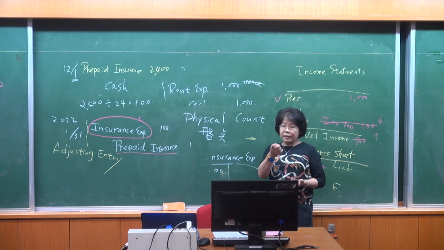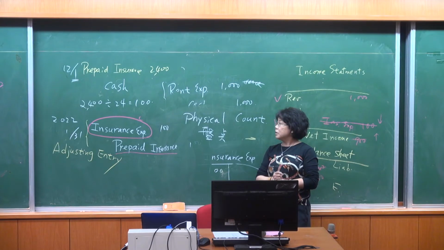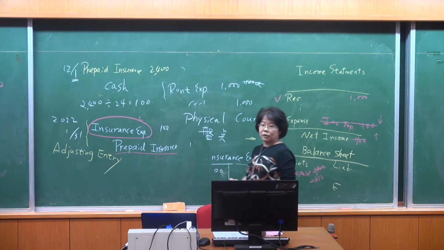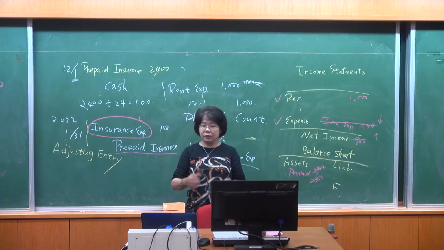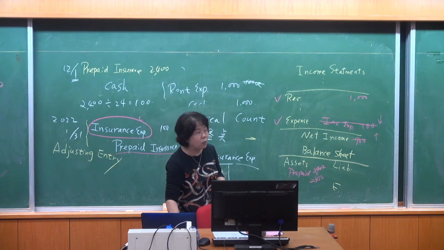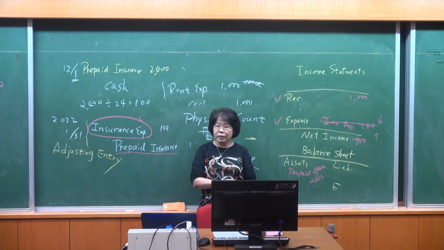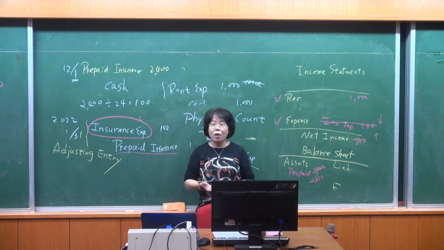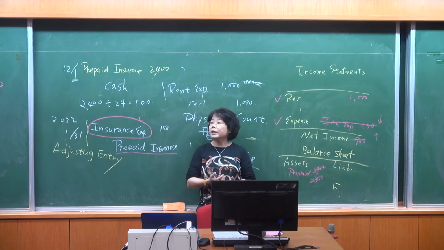So for the $9,720, okay, the company do the physical count again. Then they found out the total value is 8670. 8670, okay? So which means the gap, the difference, $1,050, the difference is being used. Once they are used, they are expense.